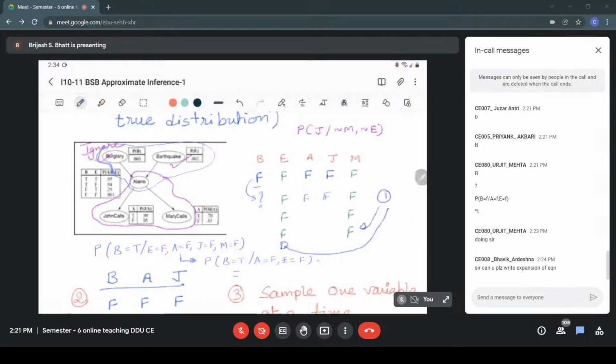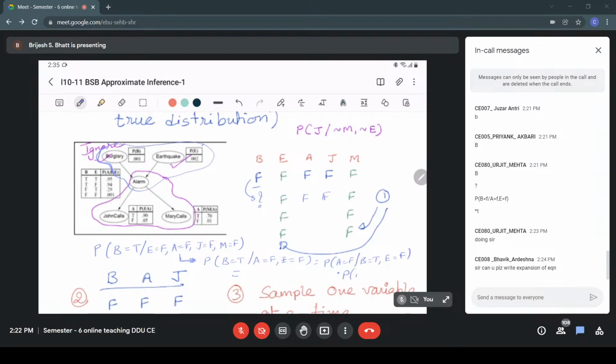It is equal to probability of A is equal to false given B is equal to true and E is equal to false, into probability of A is equal to false, into probability of E is equal to false.